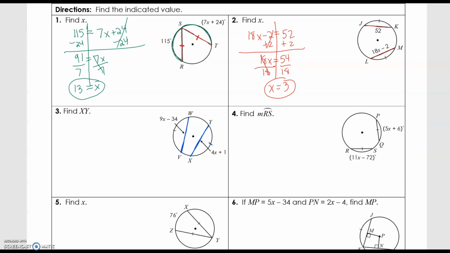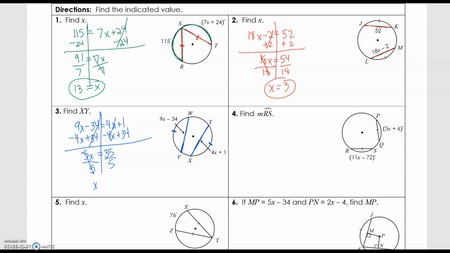Now I'm just assuming it looks pretty much the same as WV, so they most likely are congruent. But the reason I know that is because there's this tick mark that says the arcs are congruent. So I would set up 9x minus 34 equals 4x plus 1. Then I solve it. So I minus 4x, I add 34 on both sides, so I get 5x equals 35.